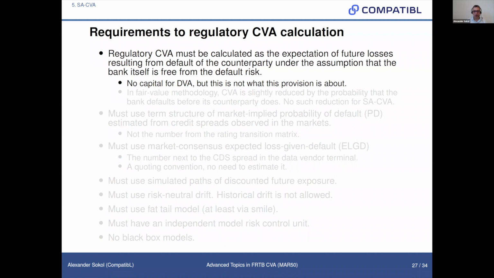So if you have in your P&L an allowance for DVA or bilateral CVA, of which DVA is part, DVA goes up and down. If your credit quality deteriorates, then your obligations to your counterparties are worth less. So ironically, when your credit spread widens, you can actually book a profit.